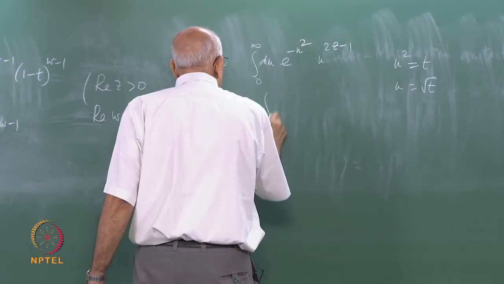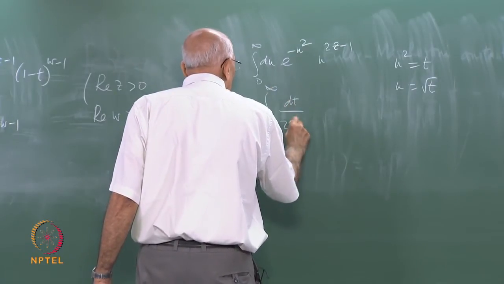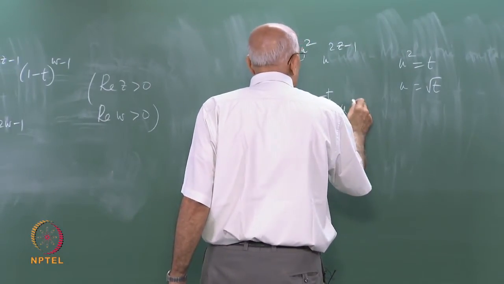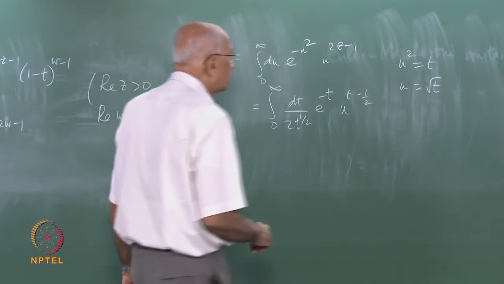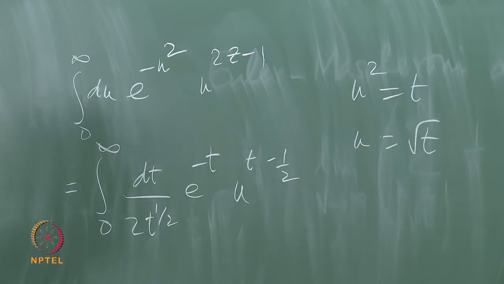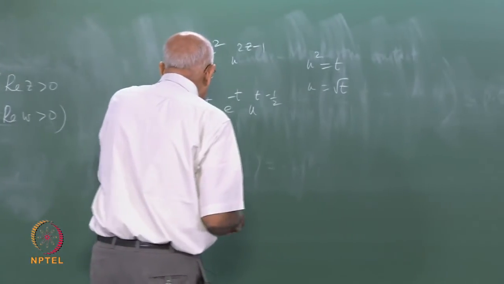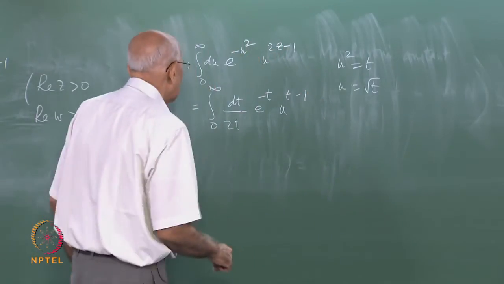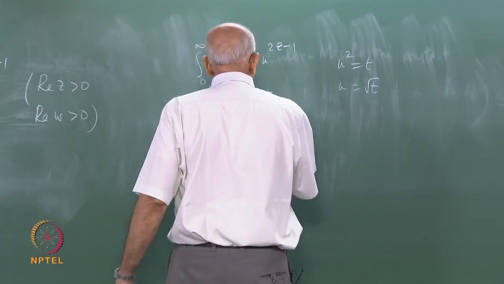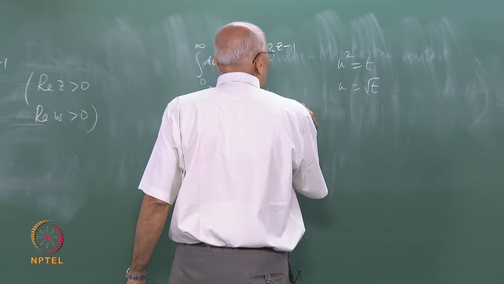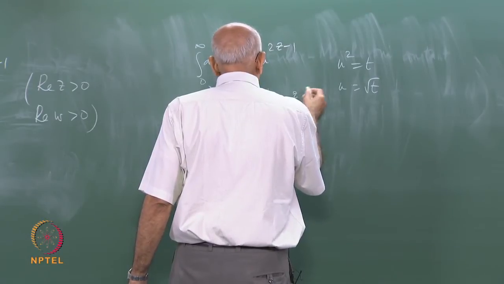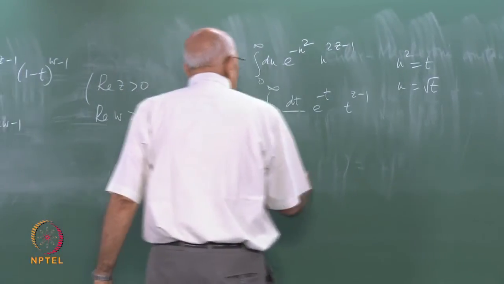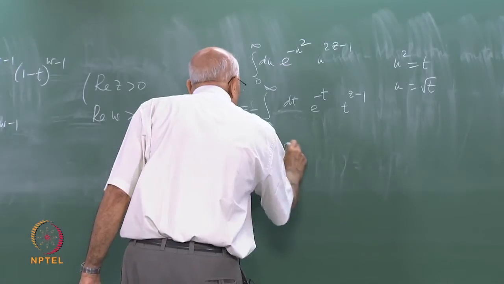So this is equal to integral 0 to infinity dt over 2 t to the power half, e to the minus t, t to the power z minus 1 and then a half. But of course this is equal to 1/2 gamma of z.